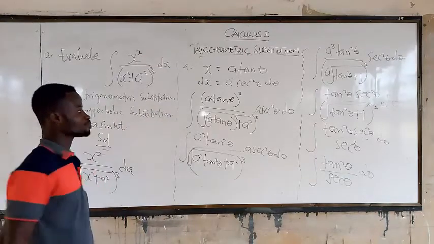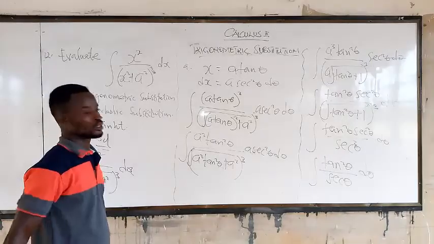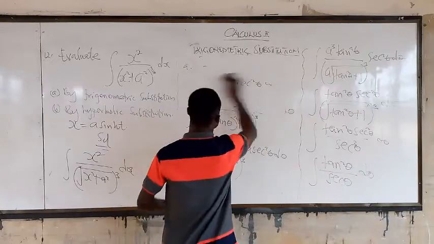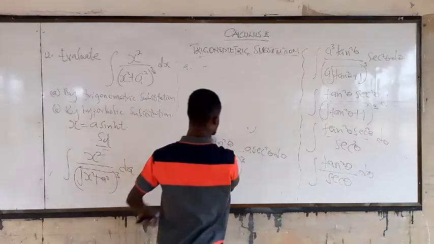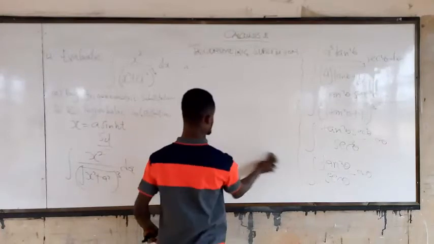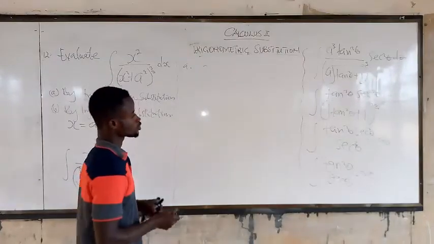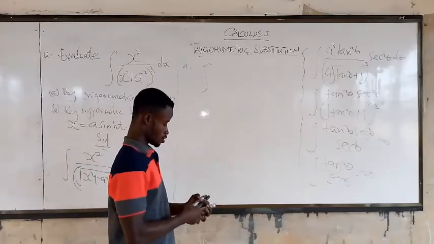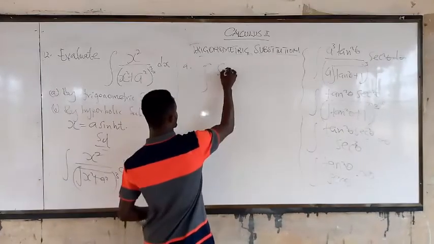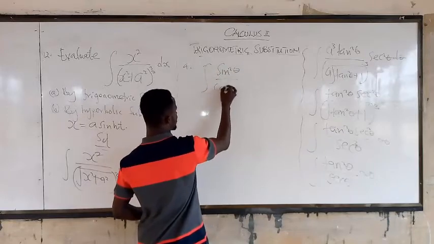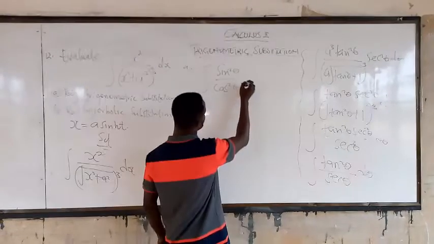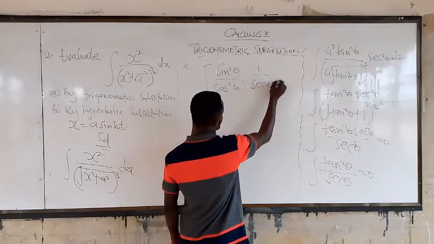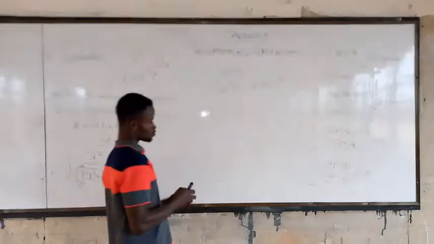Now the integral of this, we can write as sin squared theta over cos squared theta times 1 over sec theta d theta.